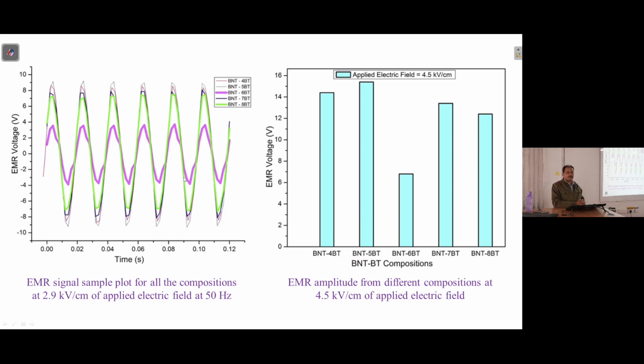But rather than that, here just the opposite has been observed. This thicker one is representing the MR voltage obtained for the 6BT, which ideally is supposed to give better results, but here it is just the opposite.